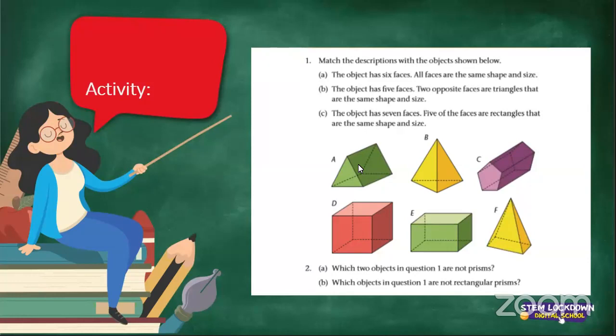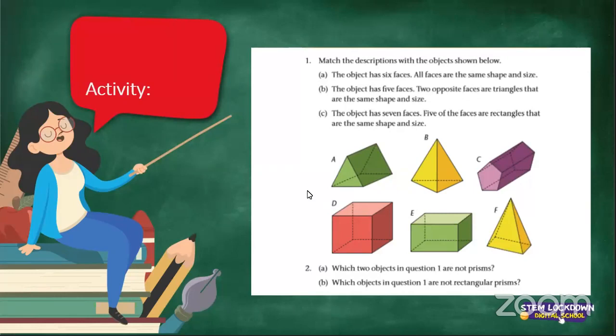All right. Now let's look at 1C. The object has 7 faces. 5 of the faces are rectangles that are the same shape and size. I have a few people on the chat box, Carl, Abu, Matlodi, Pratish, Devon saying 1C is C, and also Loazi.